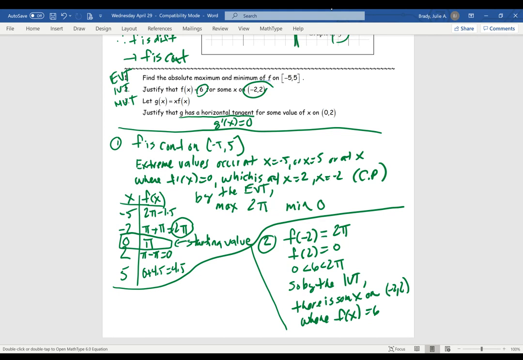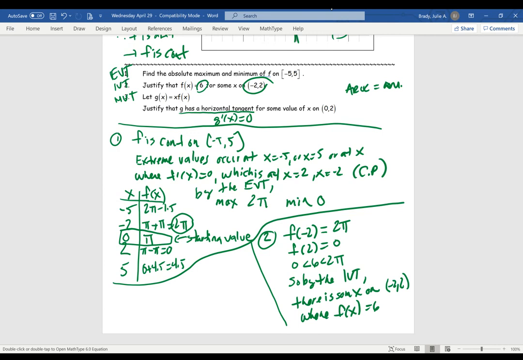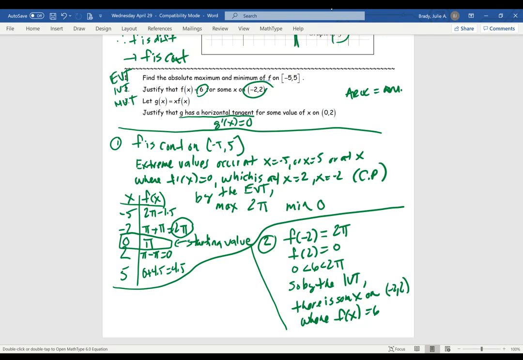So the MVT says the AROC is equal to the derivative at some place. So we've got to calculate the AROC. And we need to say f is continuous. For the MVT, we need f to be continuous and differentiable. We need both of those. Okay, so we need to do the AROC first.